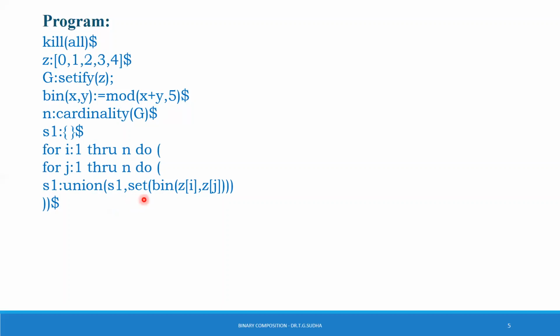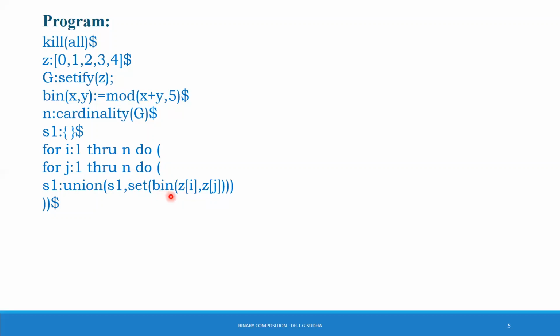And we operate bin of z of I, comma z of j. What are these z of I and z of j? These are the ith entry and the jth entry in the list given here, that is the list of all elements. So we begin with I equal to 1 and j equal to 1. So we take 0 and 0.